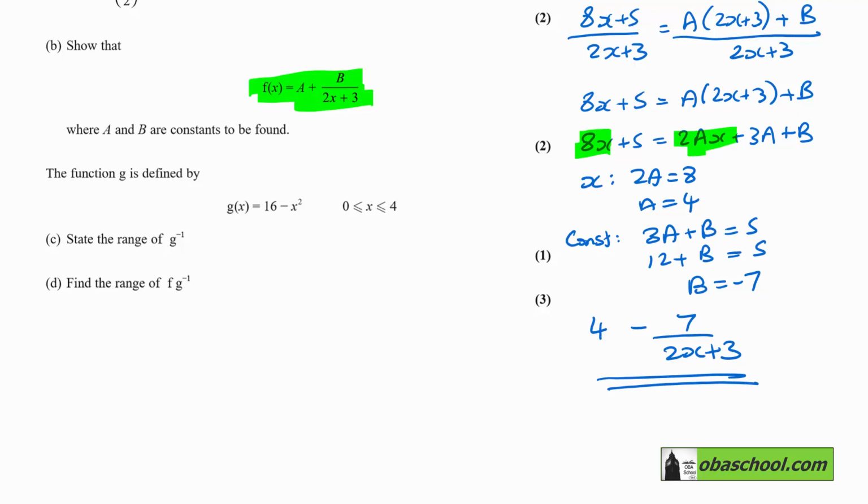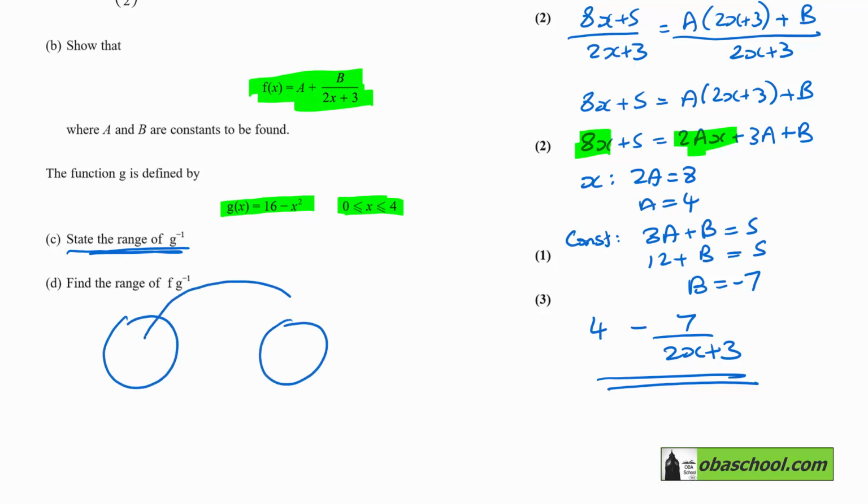So we now have a second function g, 16 minus x squared, defined just for x's between 0 and 4. We want to state the range of the inverse function. That takes us back to that diagram we had at the start.